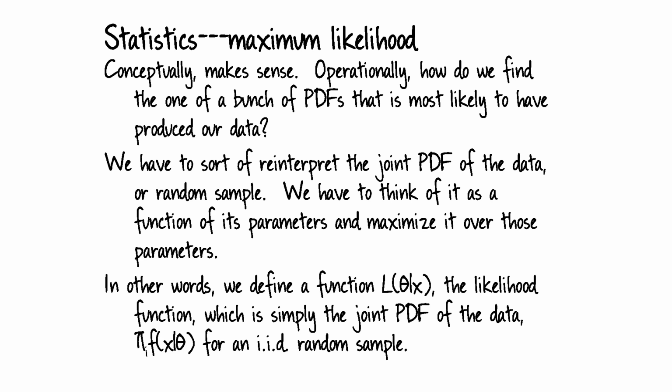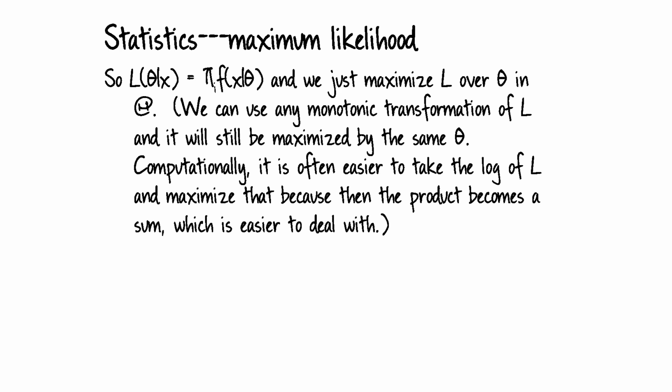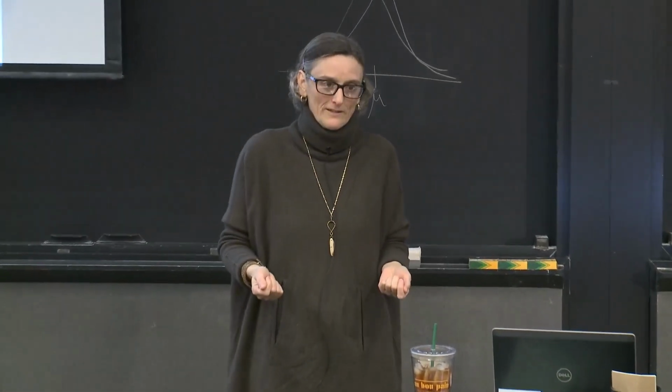Okay, so like I said, I have a couple of examples. This actually just emphasizes what we said before. So we've got this likelihood function. We just maximize it over all possible values of theta. And one thing to keep in mind: for this class, you don't really have to worry about this, but if you go out of this class and you encounter maximum likelihood in the larger world, then a lot of times what we do instead of maximizing the likelihood function is we maximize the log likelihood function.